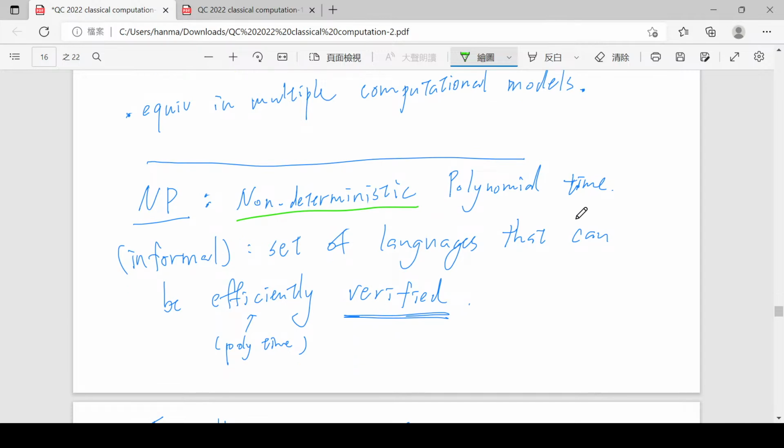So informally, NP is a set of languages that can be efficiently verified. And why is this important? Because we encounter this kind of problem a lot in practice, as we will see later.